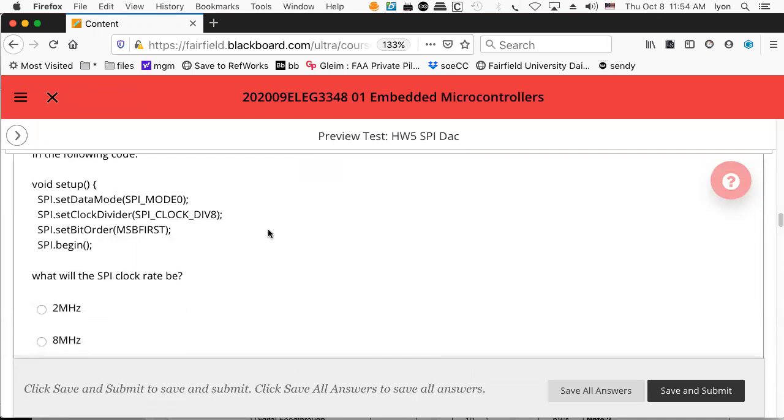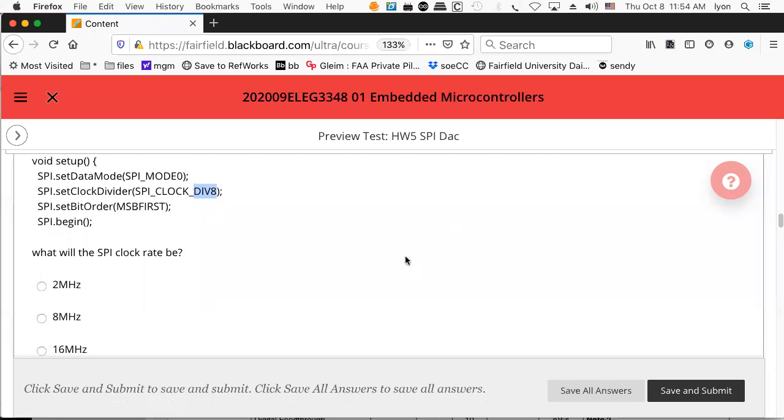So now he's asking about the SPI clock, div 8. So what is 16 megahertz? That's our system clock. What's 16 megahertz divided by 8? 2. Yeah, I guess, right?